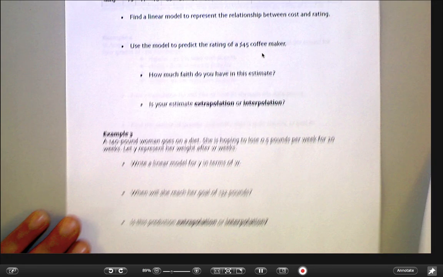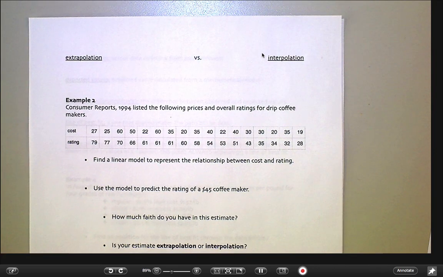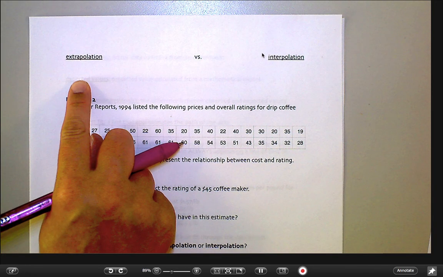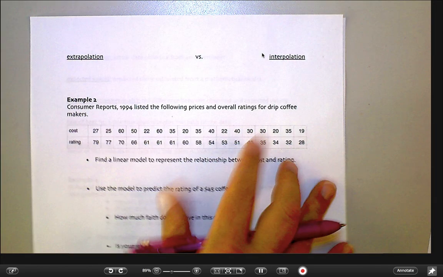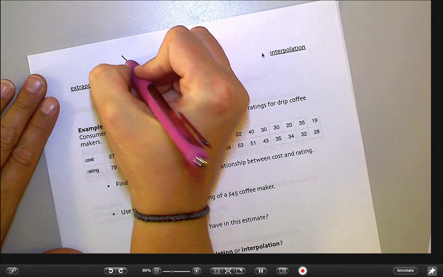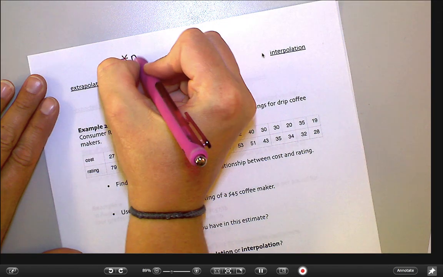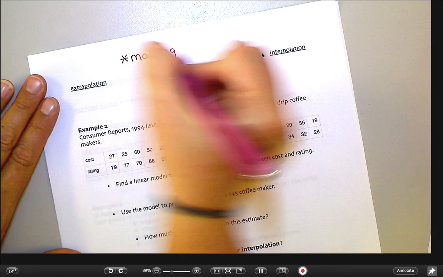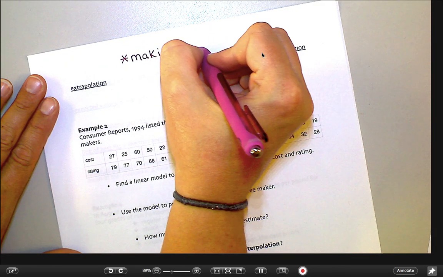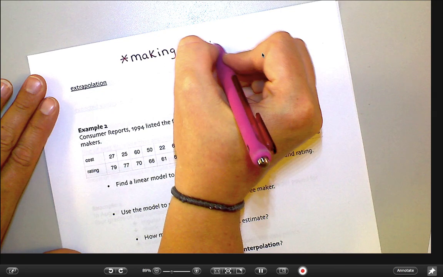Okay, moving on. Two more words for you. Extrapolation versus interpolation. Both of these have to do with making predictions, and I'm just going to put that up here. This is all about making predictions with data. Because that's the whole point of making a model.